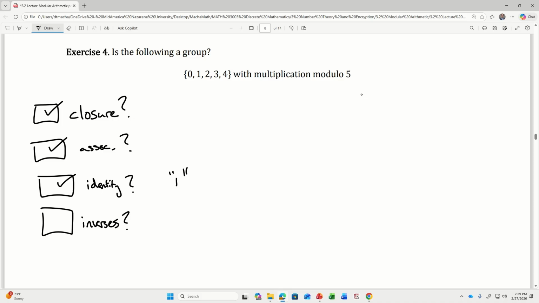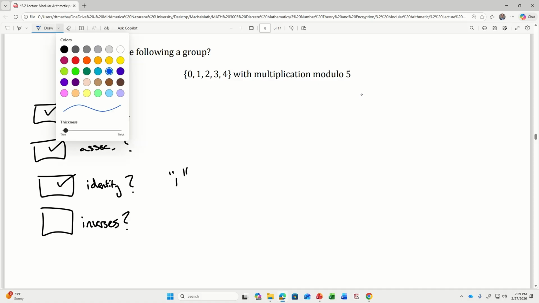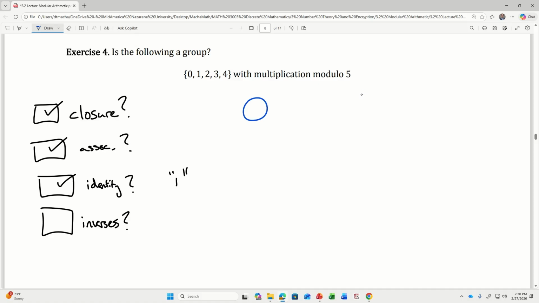Does every element in the set have another element where I can multiply it mod 5 and get back to the number 1? I don't think so. We would have to ask ourselves the question, 0 times what is congruent to 1?